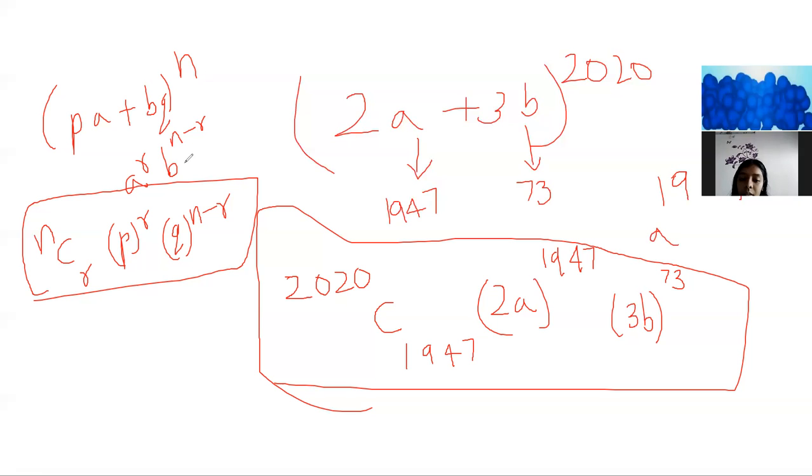So it is 20P3 by 3 factorial. So nCr is nPr by r factorial. And nPr is n factorial by (n minus r) factorial, that you're dividing again by r factorial.